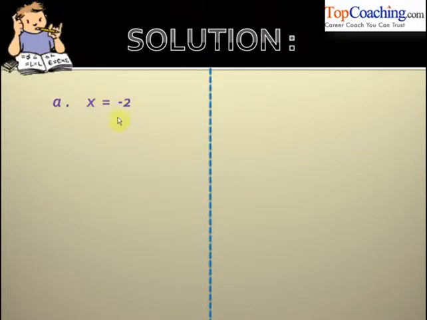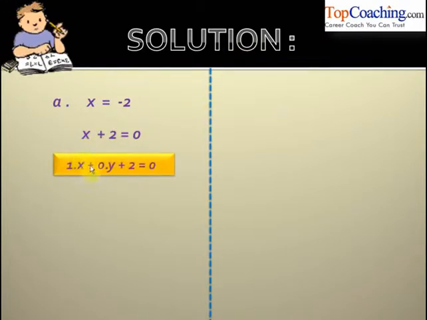Let us see the first equation, which is x equal to minus 2. Now this is clearly an equation in one variable, and we have to convert it into an equation with two variables x and y. So we can take minus 2 to the LHS, and what we get is x plus 2 equal to 0. Now further we can write this as 1 into x plus 0 into y plus 2 equal to 0. Now this equation, which is x equal to minus 2, becomes an equation in two variables.